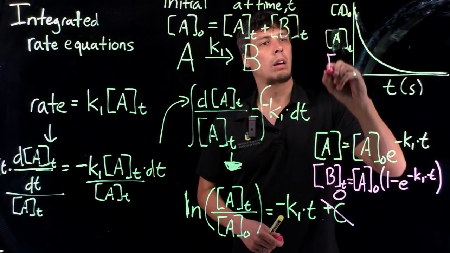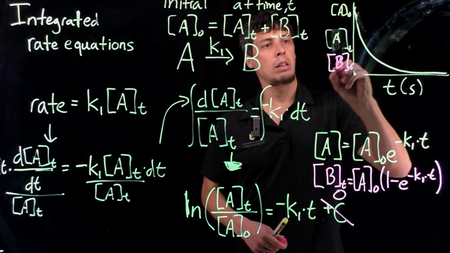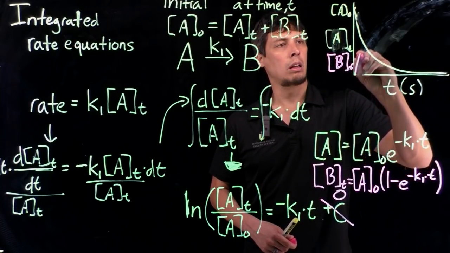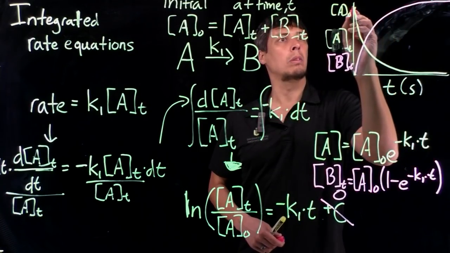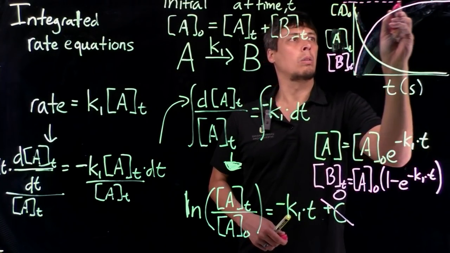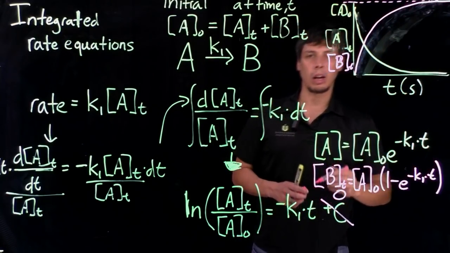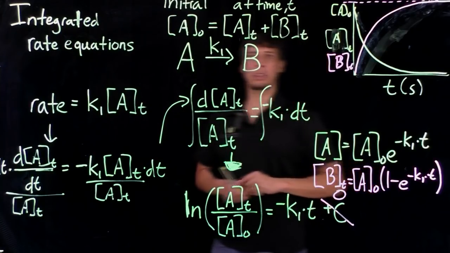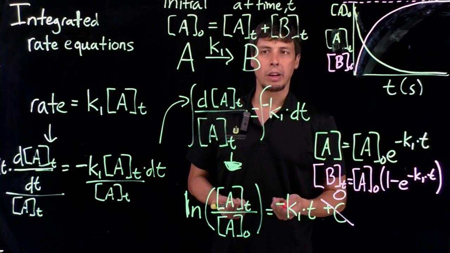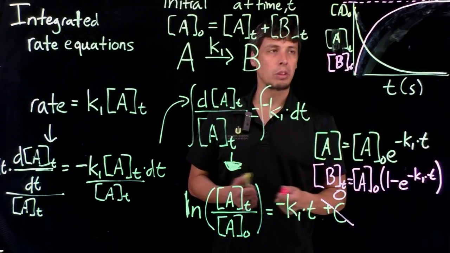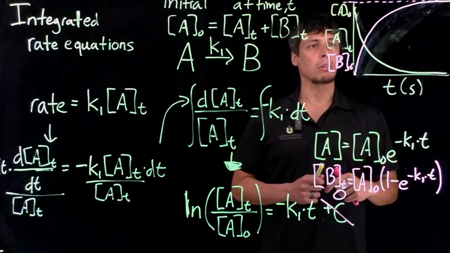If we follow the production of B instead, that follows this type of shape, where this approaches the concentration A naught, because in this case A naught is converted to B in a stoichiometric fashion, so a 1-to-1 stoichiometry. If there's a different stoichiometry, this asymptote might be different.